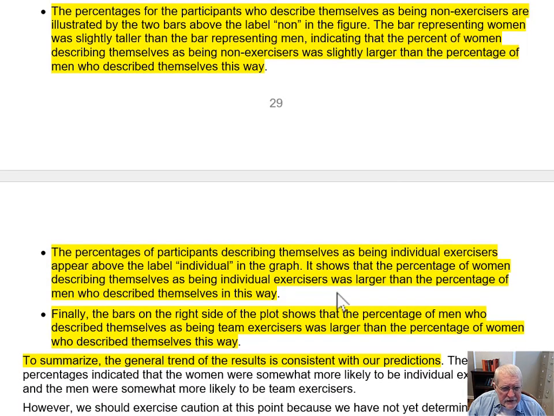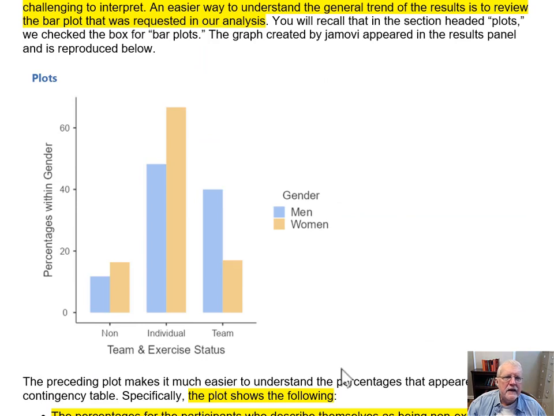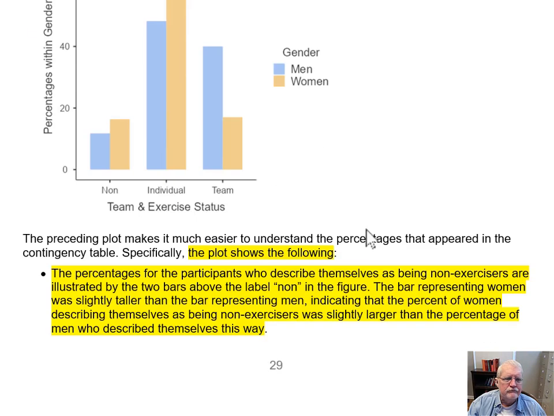The percentage of participants describing themselves as being individual exercisers appears above the label individual in the graph. It shows the percentage of women describing themselves as being individual exercisers was larger than the percentage of men who describe themselves this way. And yeah, women were more likely to be individual exercisers compared to men.